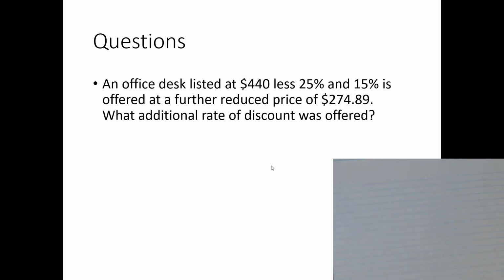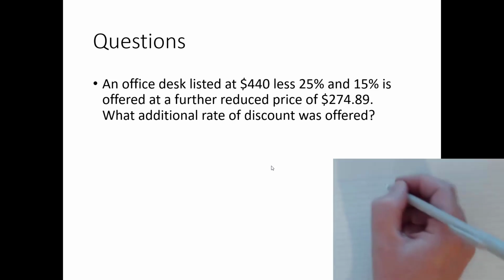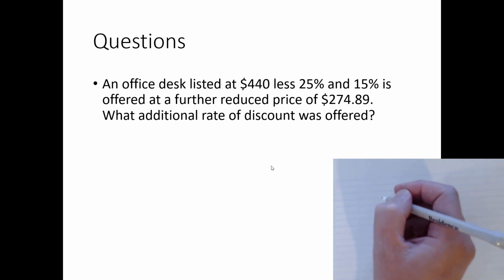Or you could find the net price using the two discounts you did have, and then find the single rate discount that's further applied. Gets you to both places. I'm just going to do the second version, only because it's maybe a little easier, and it gives us a little bit more practice in finding discounts.